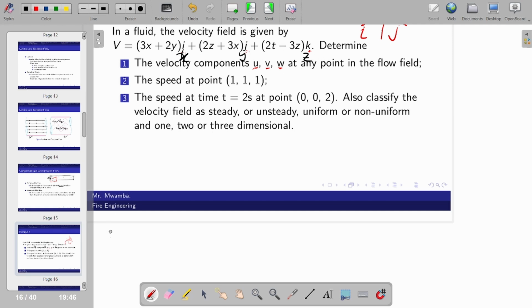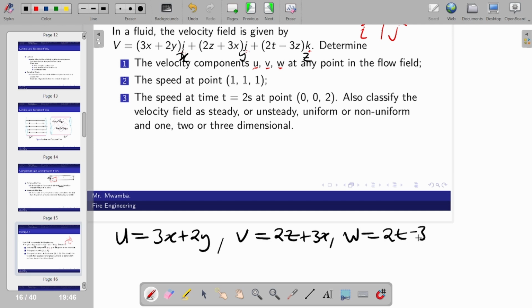So the velocity components: u will be given by 3x plus 2y, then v will be given by the one for the vector j, 2z plus 3x, and w will be given by 2t minus 3z. We found the velocity components.